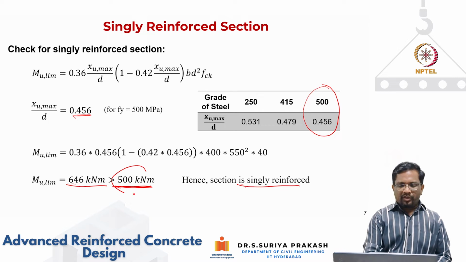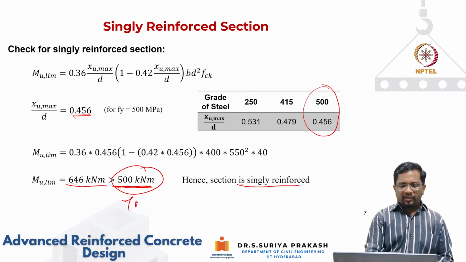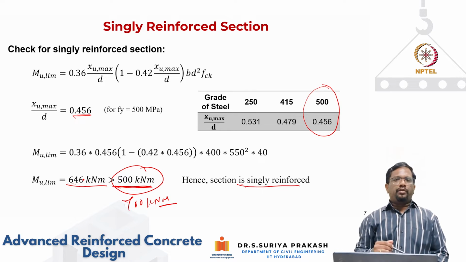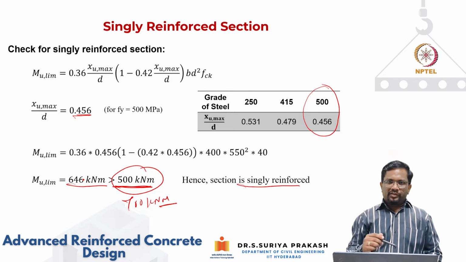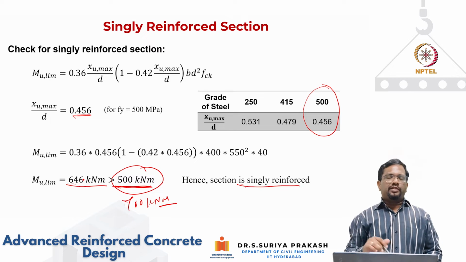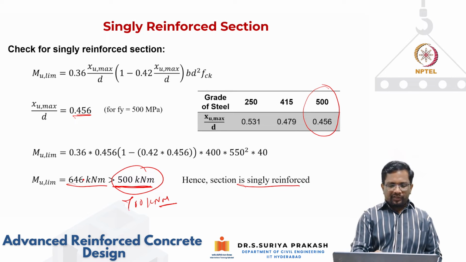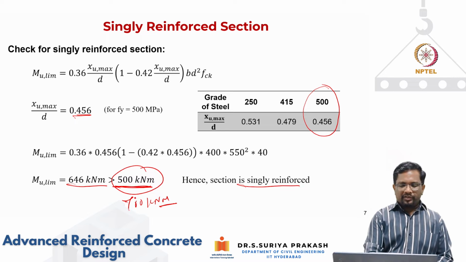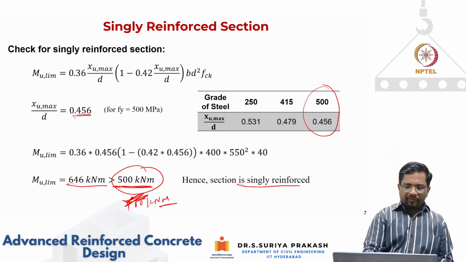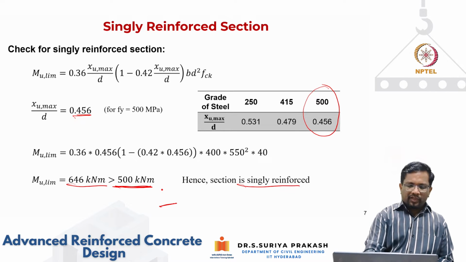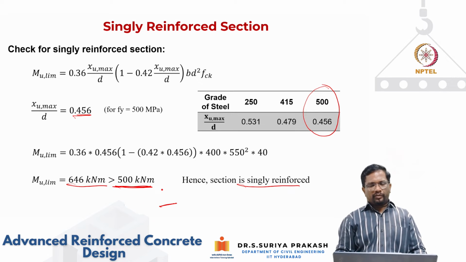Now, if this moment demand were, let's say, 700 kilonewton meter, then it would become higher than your limiting moment of resistance, and we cannot design this section as a singly reinforced section. In this case, my moment demand is actually 500 kilonewton meter, which is okay, so we are not exceeding the limiting moment of resistance.